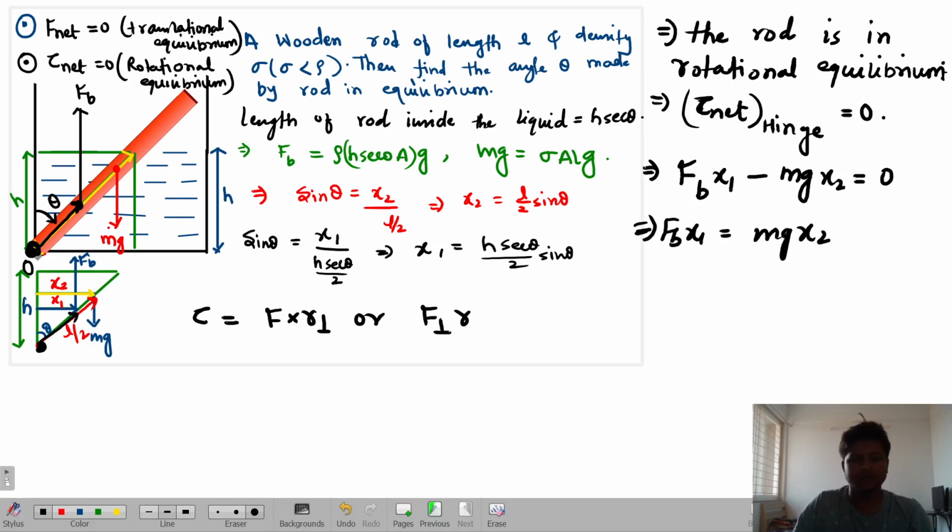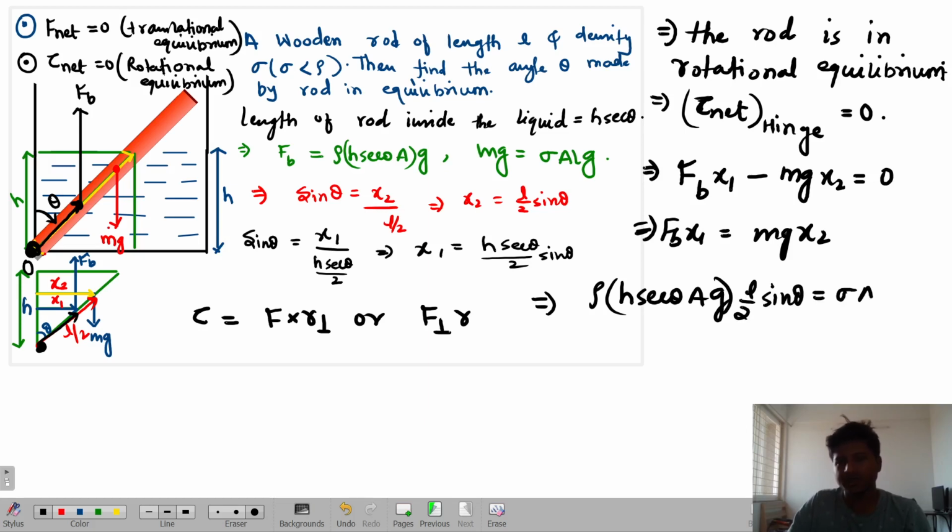So the equation becomes FB, you replace it. FB is rho H sec theta, area A, gravity G. Oh, that's a big question. X1 is L by 2 sine theta is equal to mg, sigma AL into G into x2 is H sine theta sec theta by 2.